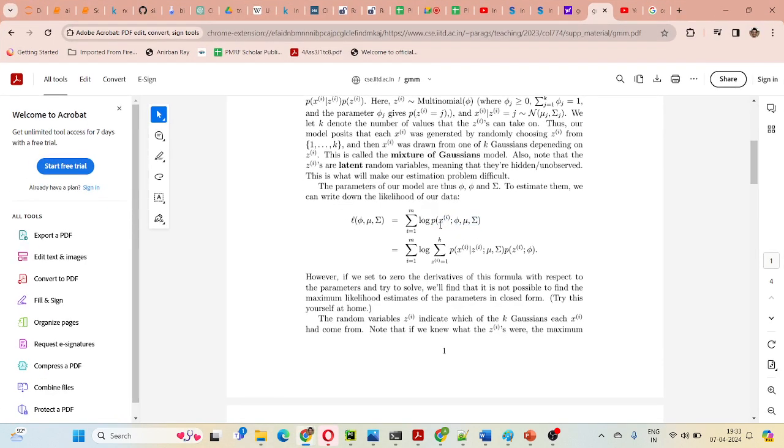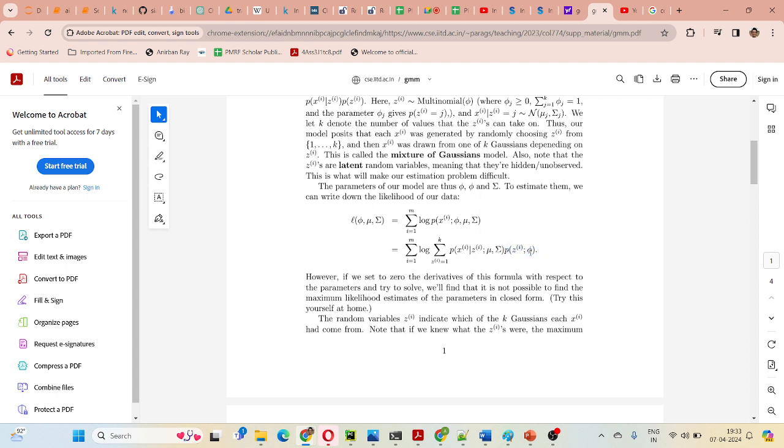The log likelihood, and what they are doing, as I have said, is the sum over the individual Gaussian distributions, and they have taken a distribution over the latent variable z.